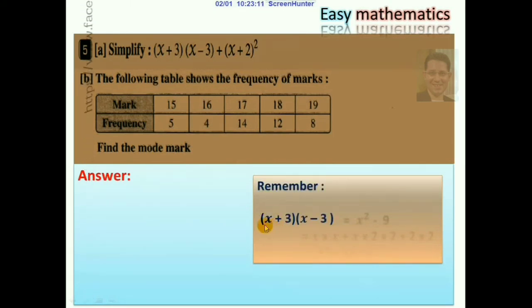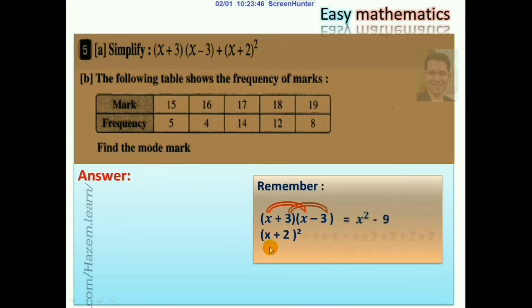If we have two brackets that have the same algebraic expression with different sign like that, to open these two brackets, we multiply the first by the first, we multiply x by x, and when we have here two like pairs, we put this pair and add their power. So x multiply x, it will be equal x power 2. And we multiply second by second, positive 3 multiply negative 3, it will be equal negative 9, like that.